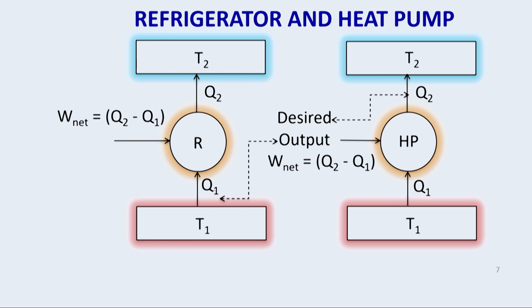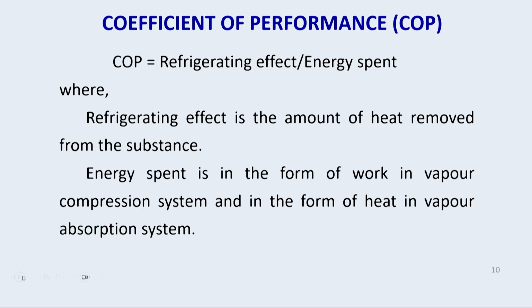Q1 is the desired output: how much heat is removed from the body or from the medium. In case of a heat pump, it is how much heat is rejected to the thermal reservoir. That is the desired effect. So in this ratio, the numerator is the refrigerating effect. Since the subject name is refrigeration and cold chain management, we will be evaluating the COP of a refrigerator and not a heat pump.